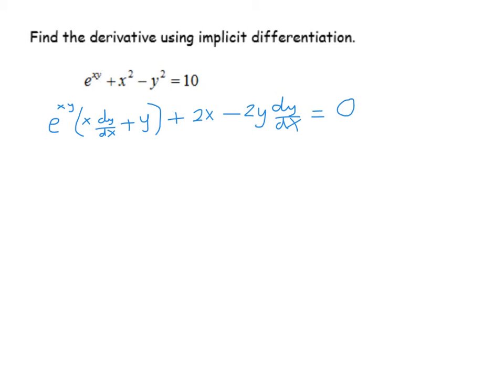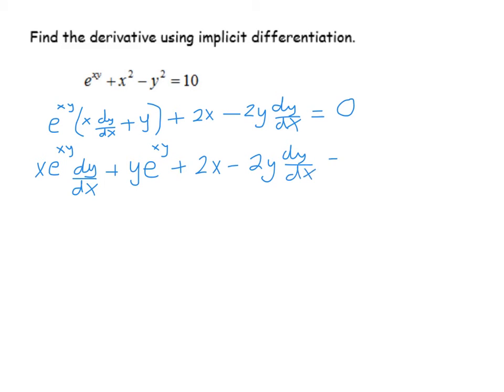But I have these parentheses, so the first thing I'm going to do is e^(xy) times x dy/dx. I'm going to go ahead and distribute, plus y e^(xy) plus 2x minus 2y dy/dx equals 0.